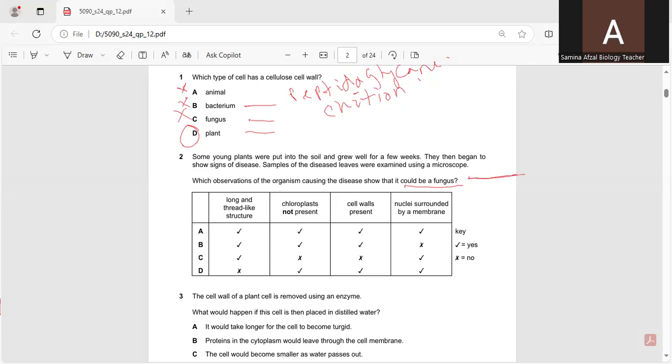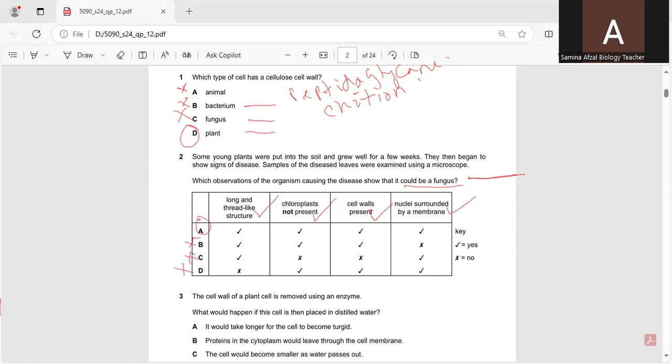Long and thread-like structures are present in the fungus. Chloroplasts are not present. Cell walls are present, and nuclei are surrounded by a membrane. I have already told you they are eukaryotic cells. So A can be the correct option, as all of these should be present, and the other options are not correct.